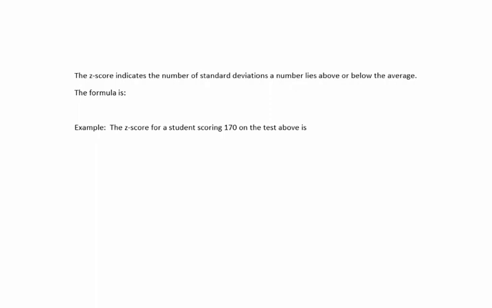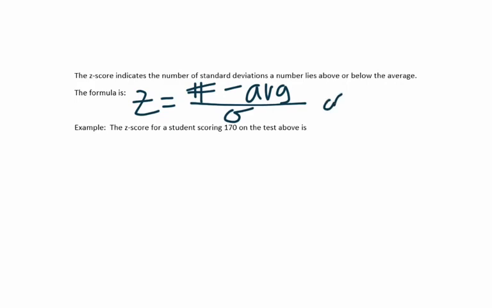So the formula is z, because it's a z-score, equals the number in question minus the average of the numbers, divided by the standard deviation. On your reference sheet, it says z equals x minus that symbol, over the lowercase sigma.